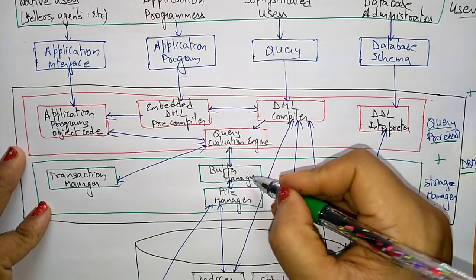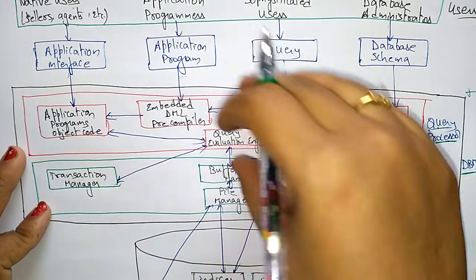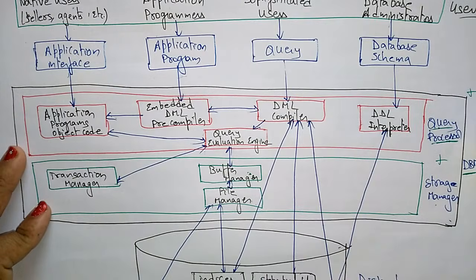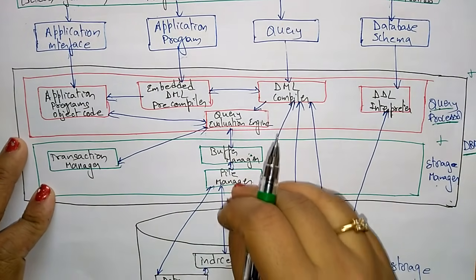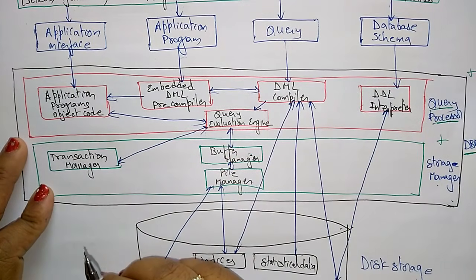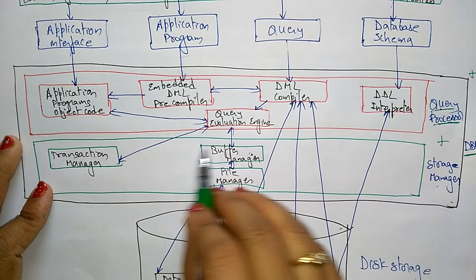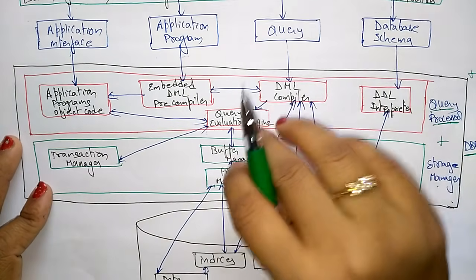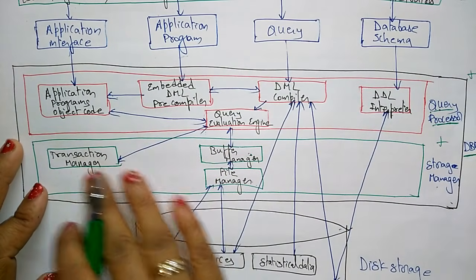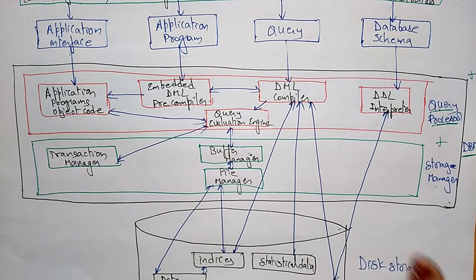The buffer manager stores all the relevant information asked by the user, and the file manager maintains it, sends requests to the disk storage and retrieves that data, and sends it again through the buffer manager to the query evaluation engine. The transaction manager helps to maintain the queries to be transacted in a particular way. So the transaction manager, buffer manager and file manager are present in the storage manager.